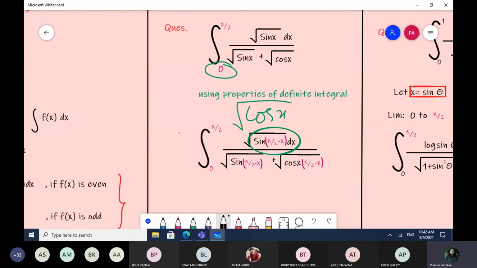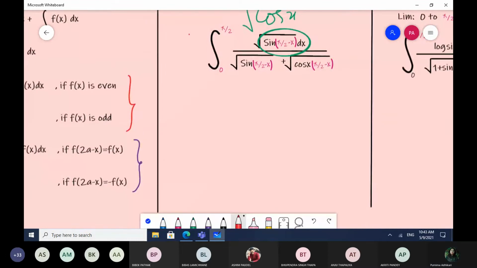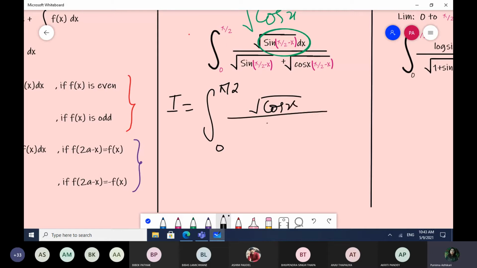Let's say that this is I and this is your first equation. Now your second equation is I equals integral from 0 to pi by 2 of root under cos x over root under cos x plus root under sin x dx.